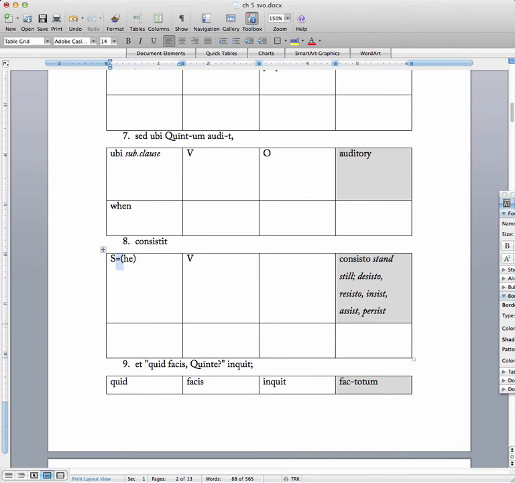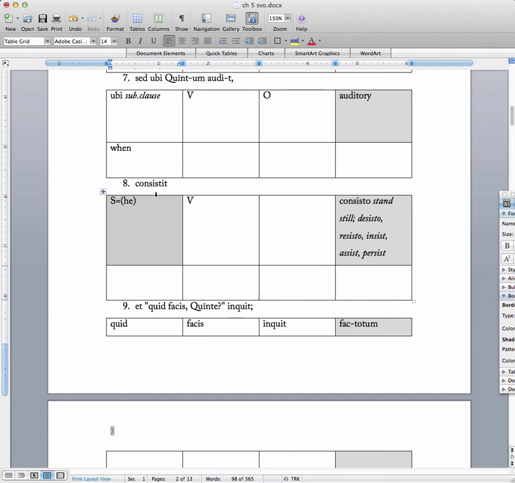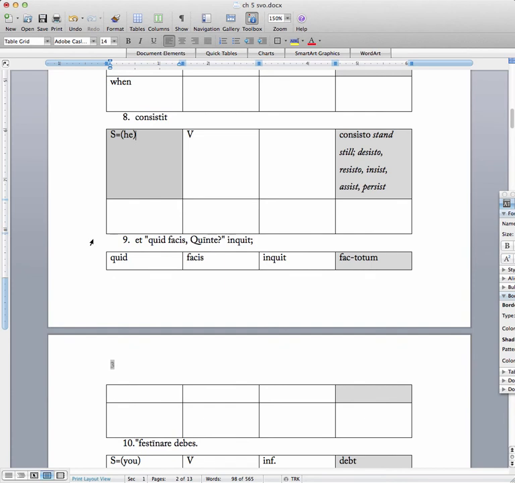So number 8, you should be able to figure out by now there's no subject to find. There's only one word in the sentence, so that's not such a big problem. This is a question. Quid starts a question, just like WH words in English that start questions, like who, what, when, where, why, all those WH words.